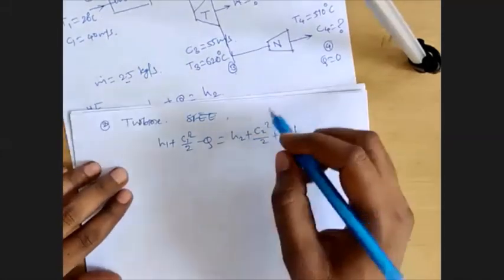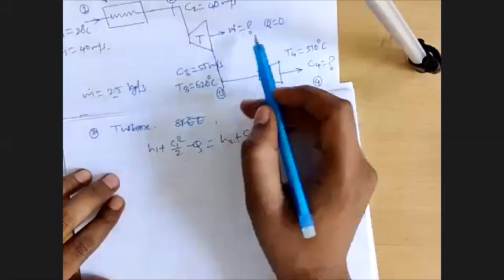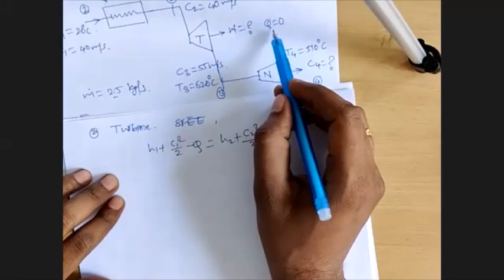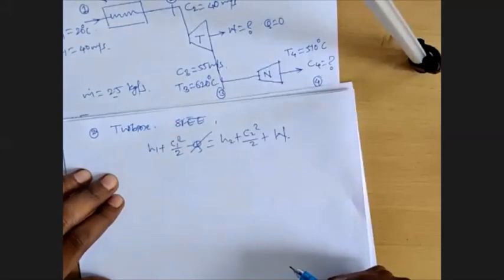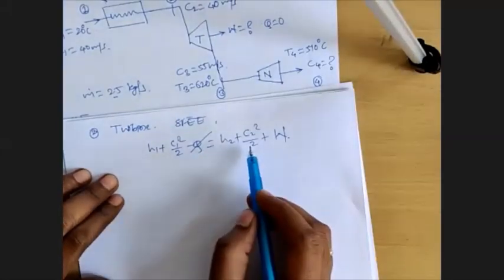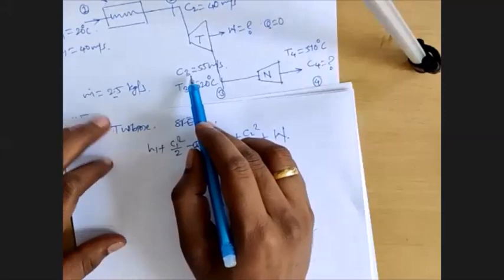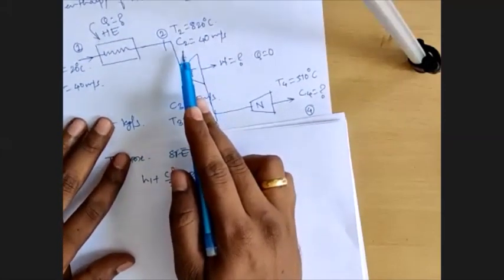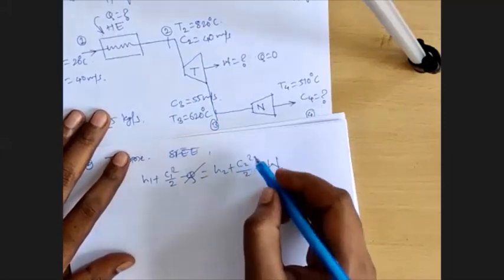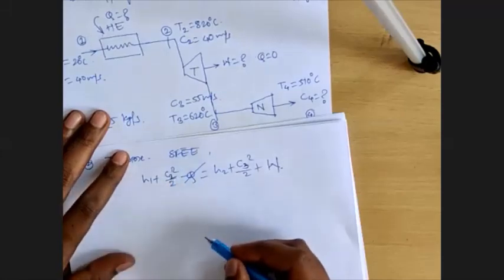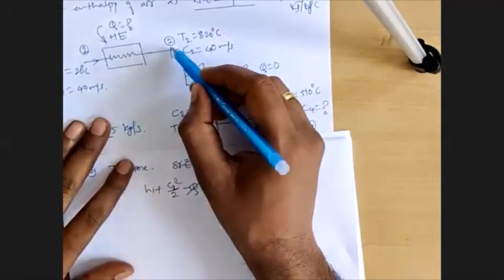Now here, if you look at the given data, we need to find W, and for that one Q is 0. There is no heat loss. So this Q is eliminated from the equation. This C1 square by 2, C2 square by 2, that is there. We know the velocity after turbine as well as before turbine. For turbine, inlet is 2 and outlet is 3.